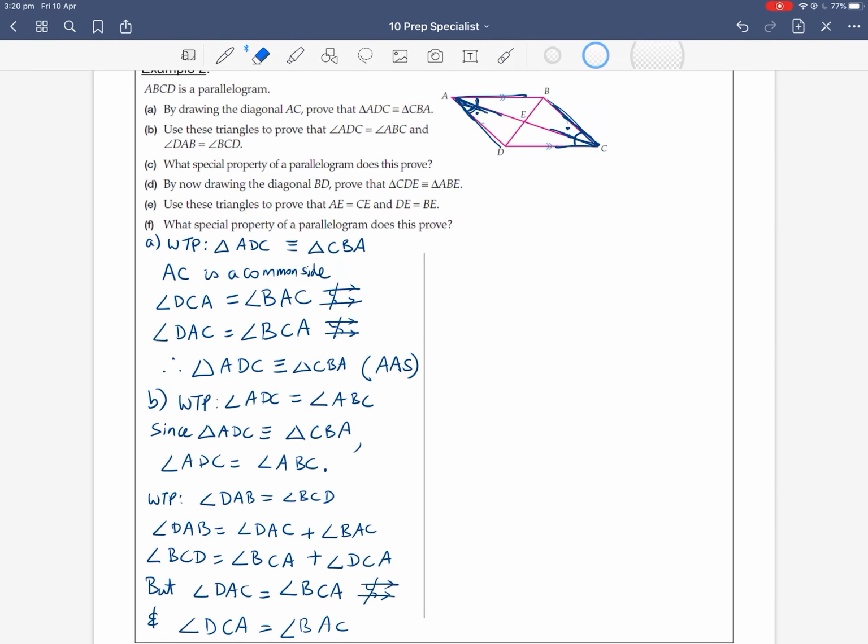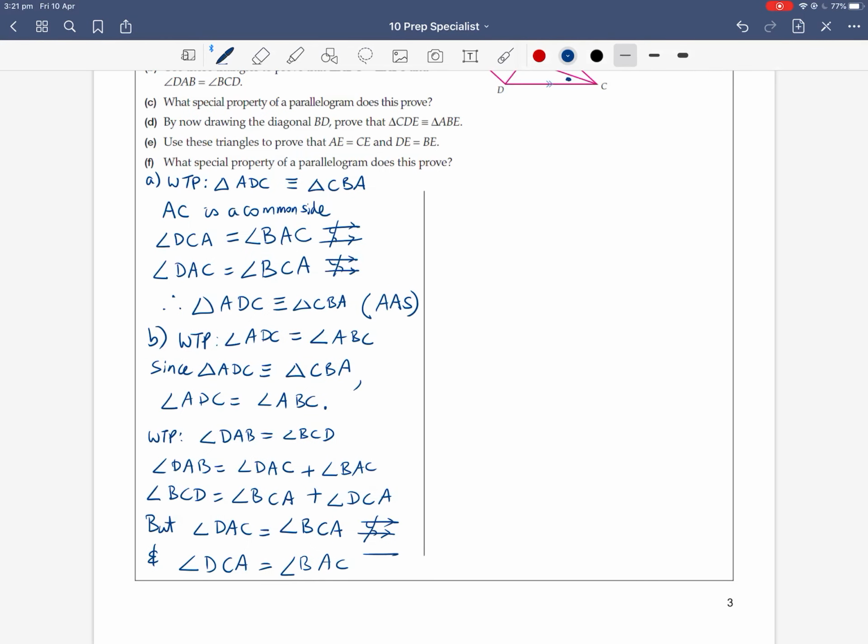So let's have a look back in the diagram. I'll rub that off. Angle DCA, this angle here, is by the Z rule the same as the angle BAC, again because of the alternate angle rule.